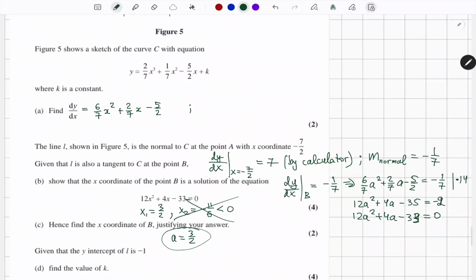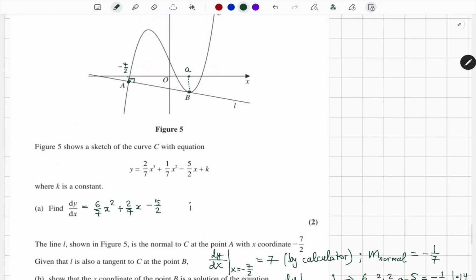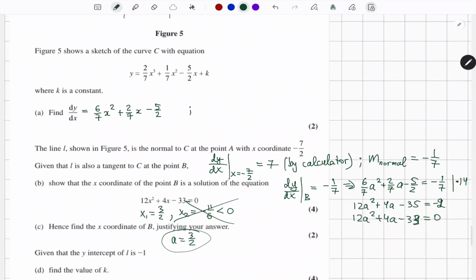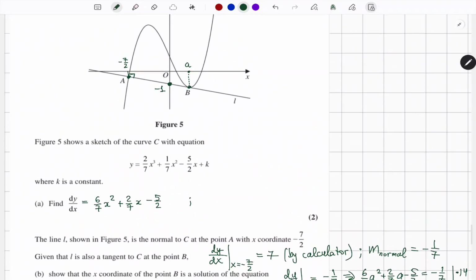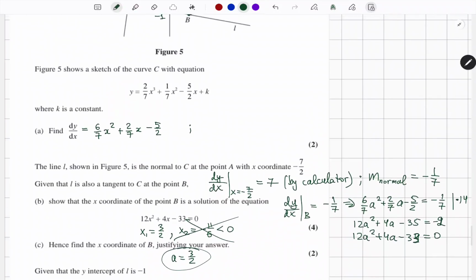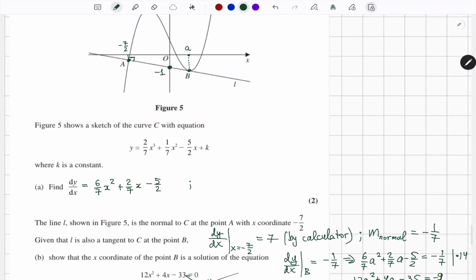Okay. Then, given that L is the line and it has y-intercept of negative 1, find the value of k. Okay, so this must be an easy task.